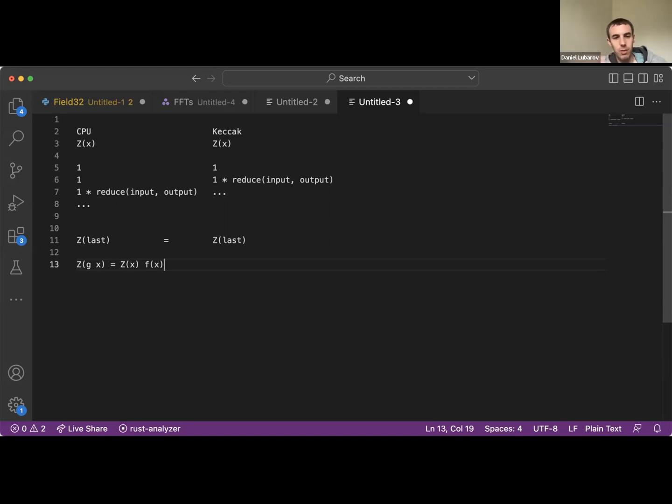Potentially, the CPU table might be a different size from the cache check table. So for us, it basically looks like this, except then we also need to incorporate the filter or selector, as Jordi says. So we don't always multiply by this function representing the cache check input output, but we only multiply when the filter is on.